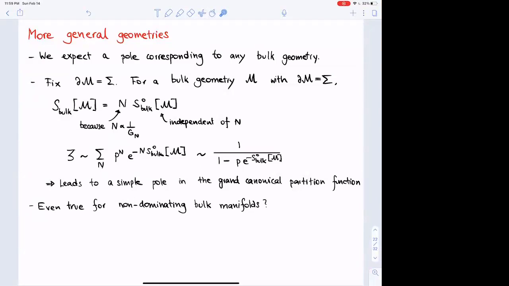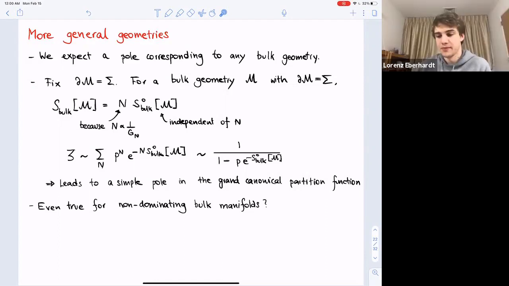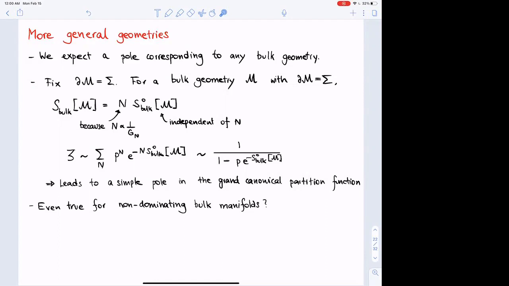Yeah, please. Sorry, Lorenz. I have a basic question, which I guess I should have asked earlier. In all these partition functions, these grand canonical partition functions that we computed, should one not have expected the partition function of the symmetric product orbifold to be equal to the sum over canonical partition functions rather than the grand canonical one?